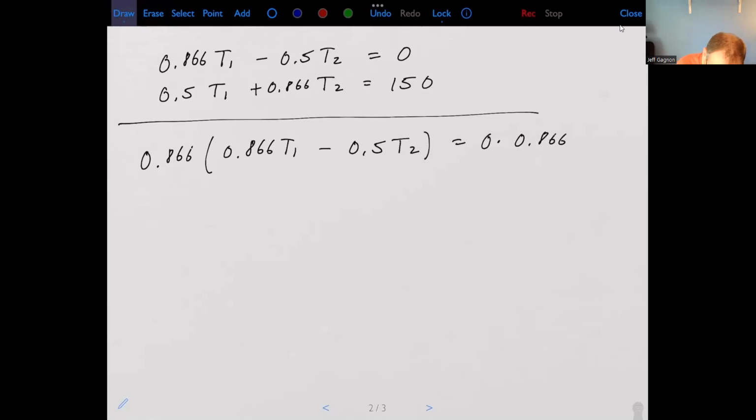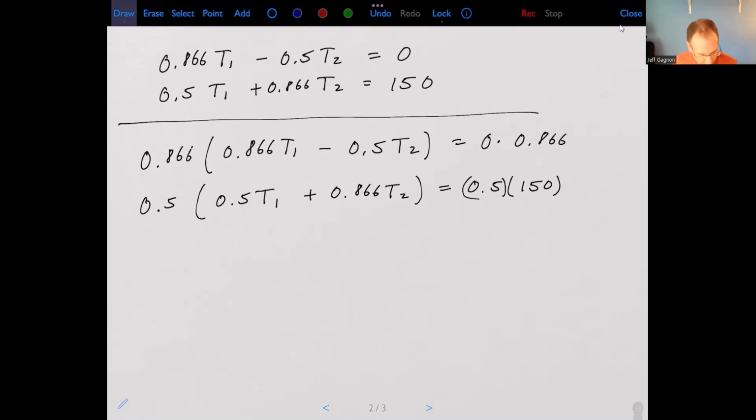For the second equation, I need to multiply by 0.5. Again, don't forget to multiply both sides, so I also have to multiply that 150 by 0.5 as well.